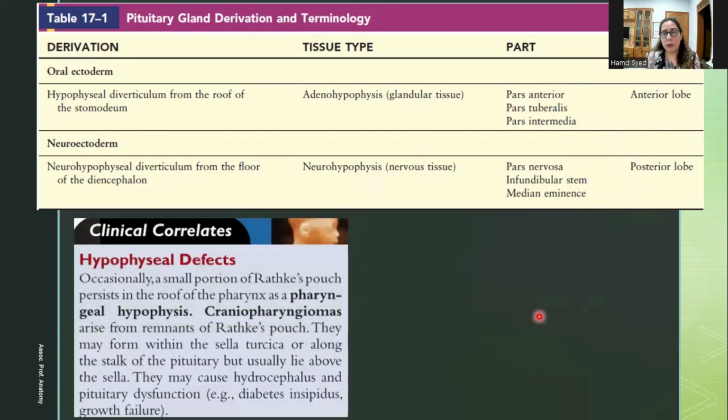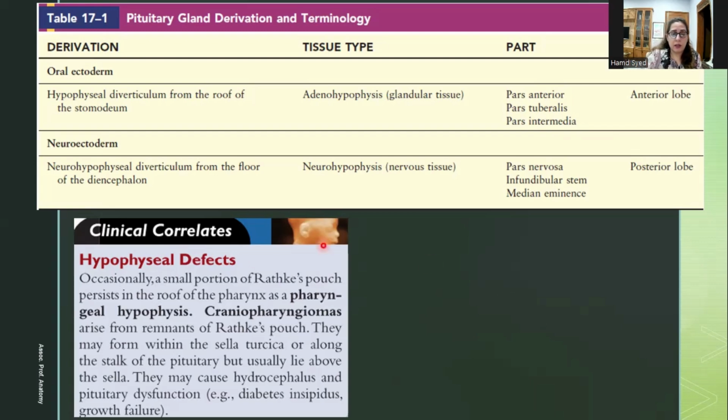In relation to the development of the pituitary, you should know about the abnormality as well, that is the craniopharyngiomas. Occasionally, there might be persistence of a small part of the Rathke's pouch within the roof of the pharynx, and in that case, it is known as a pharyngeal hypophysis.